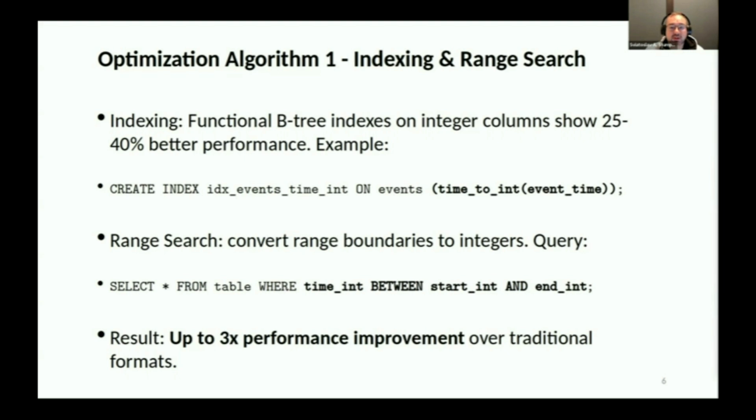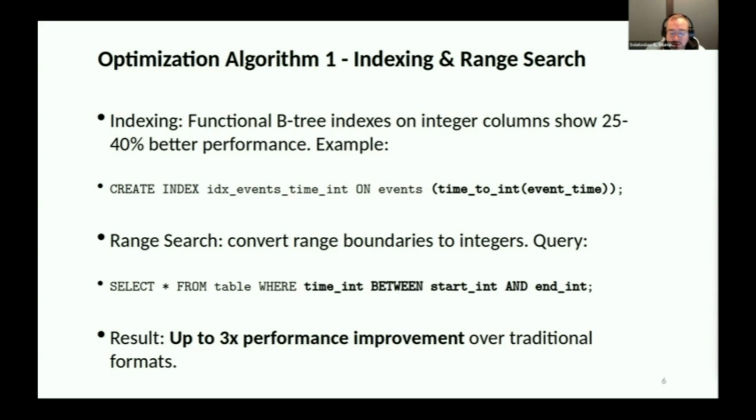You just create an index not on datetime, but on the integer presentation of datetime. And creating an index on integers is something that databases are created around. So everything is optimized to work with integers. So you are using the most optimized mechanism of database engines.